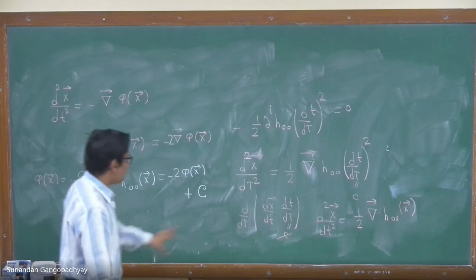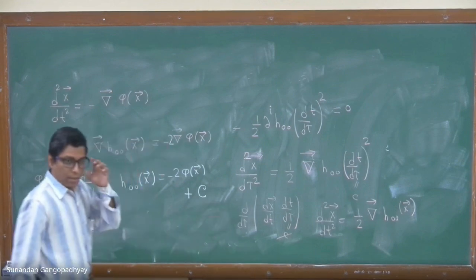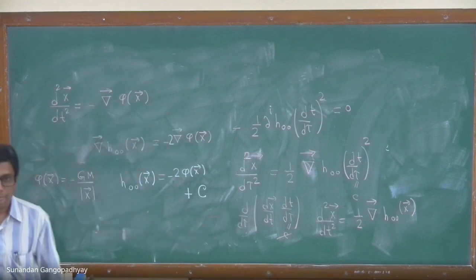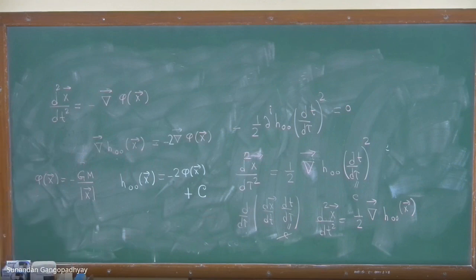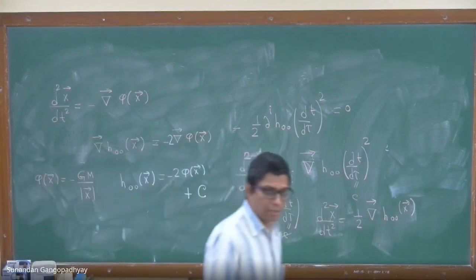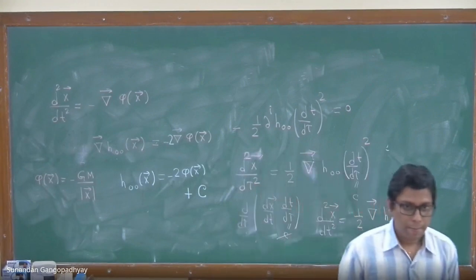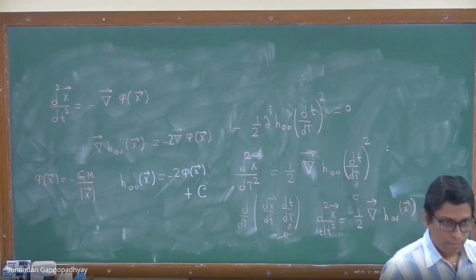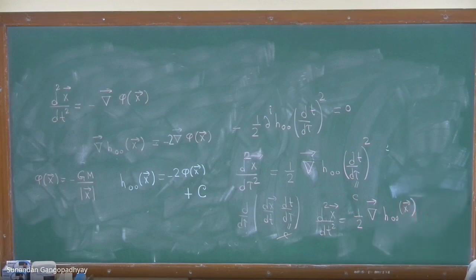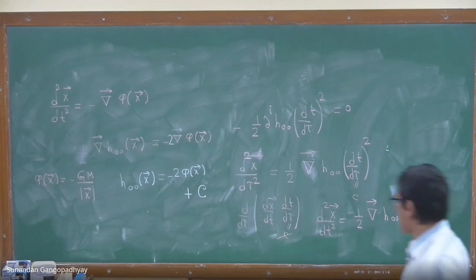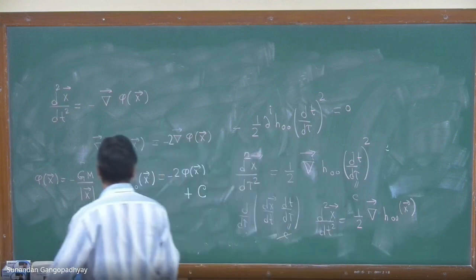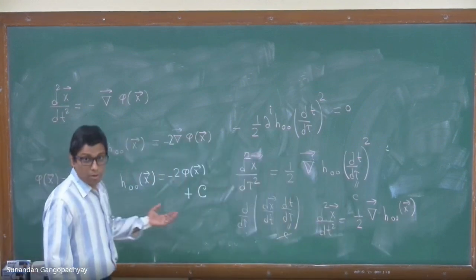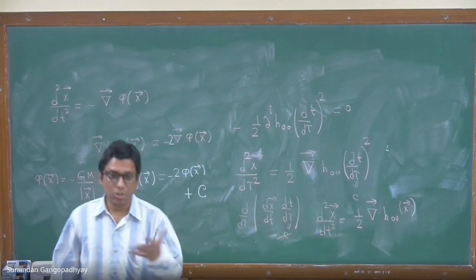How can you fix the constant of integration? See, this is a weak field limit. So g00 should be flat far away.